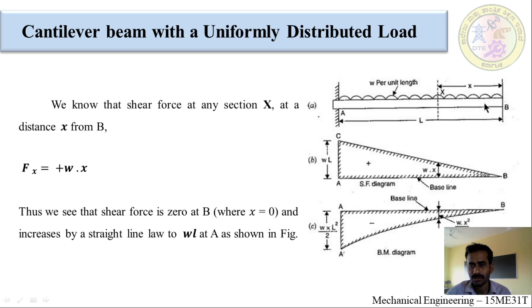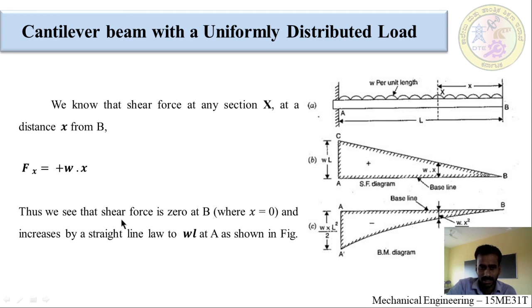You have to convert this UDL into an equivalent point load. To do that, you multiply the uniformly distributed load with the distance. The distance is x, so Wx is the shear force.